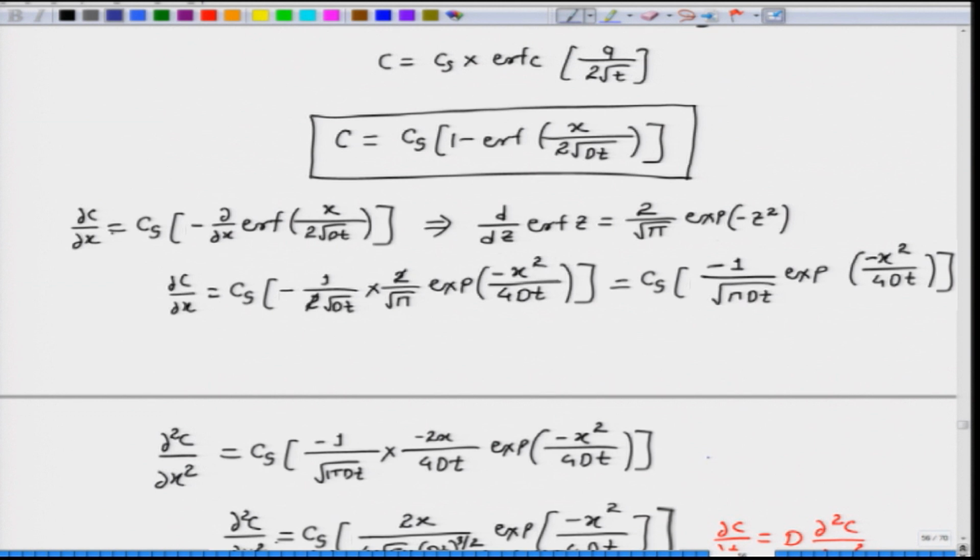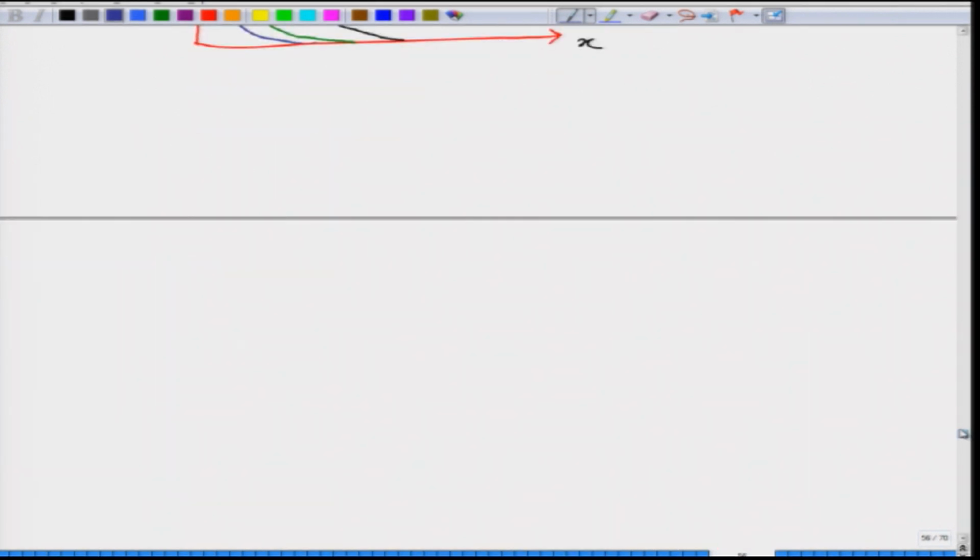So, what does this mean? This x over root t is usually referred to as the Boltzmann parameter, lambda of c. So, each concentration plane here is a function of lambda, or x over root t.